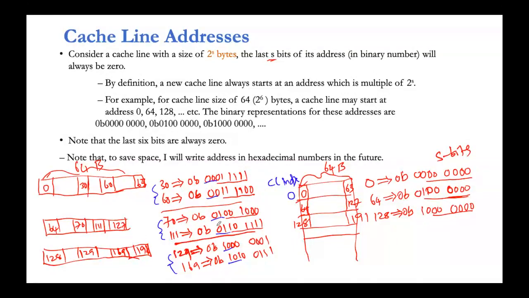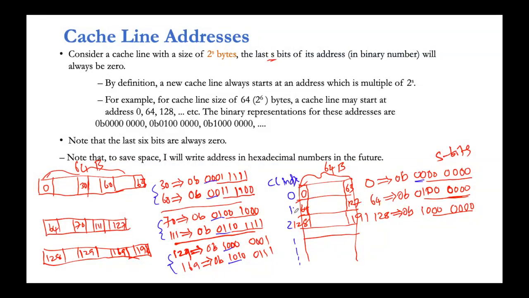For this one, the first 2 bits give index 1. For this the index is 2, and so on for any address. So for the beginning of the address, the last bits are 0, but the first 2 bits indicate the index of your cache line.